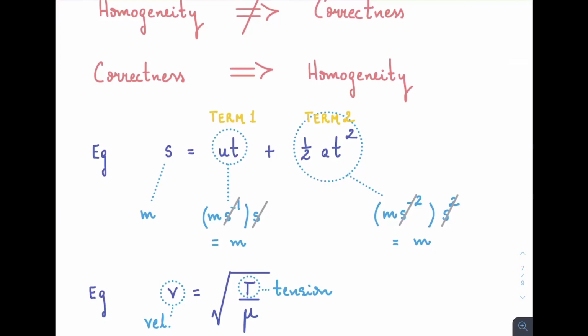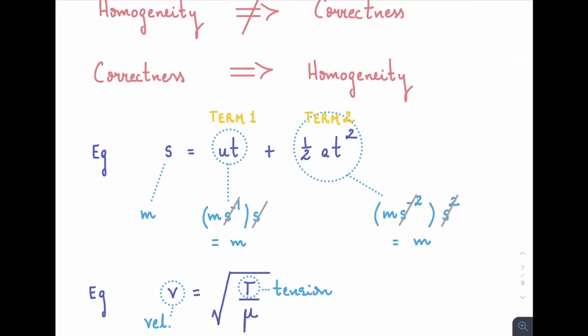We look first at its subject, which is the displacement, and we know that its units are meters. Now, this equation is telling us that when we add a quantity, which I'm calling term 1, ut, to another quantity, term 2, which is half at squared, we should end up with a number which is in meters.